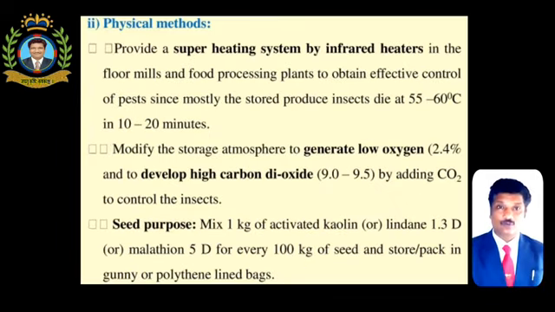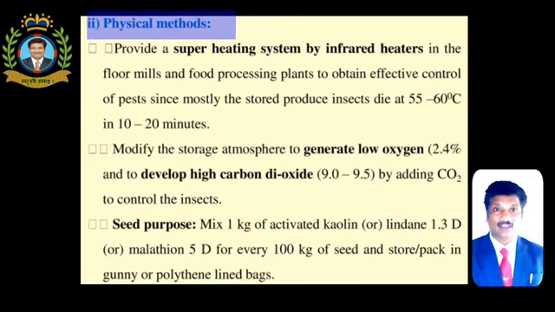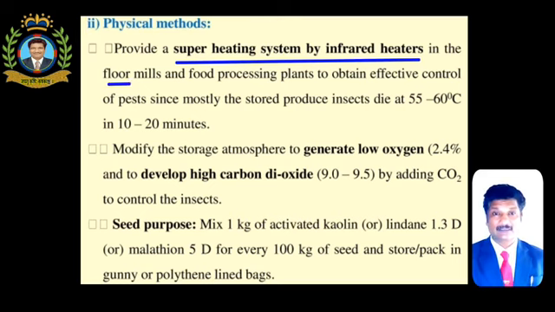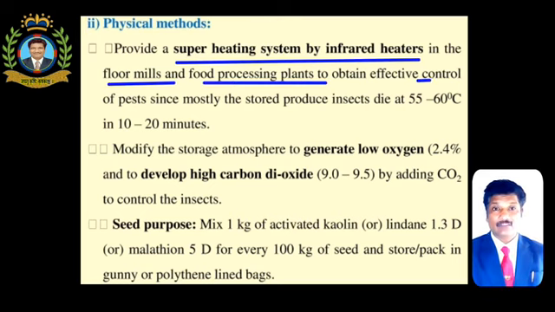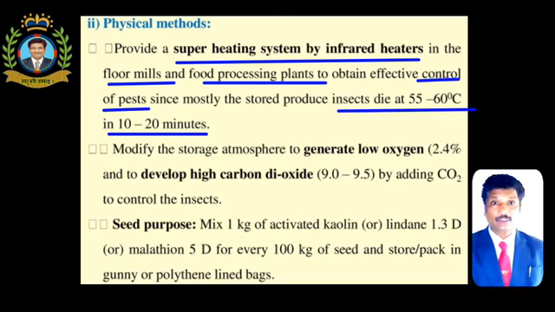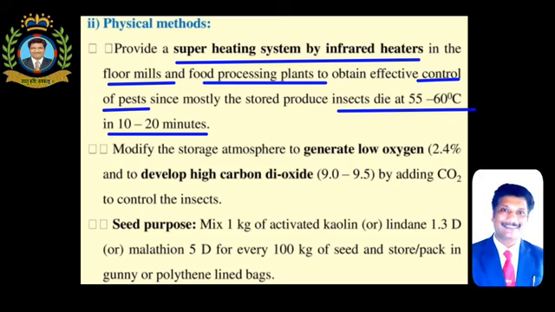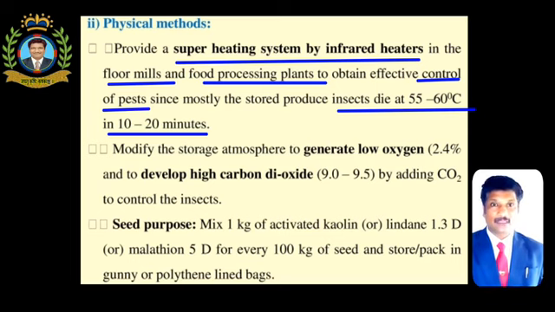The next curative method is known as the physical method. In this, using superheating systems such as infrared heaters at 55 to 60 degrees Celsius for 10 to 20 minutes can help effectively to control stored pests from flour mills or food processing plants also.